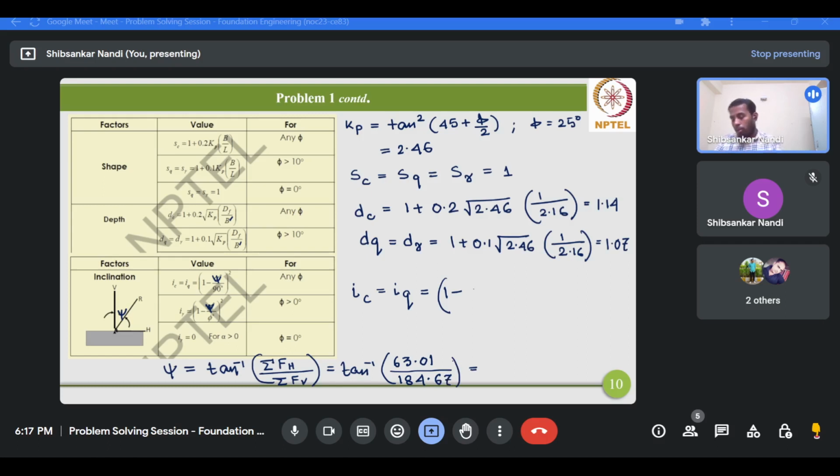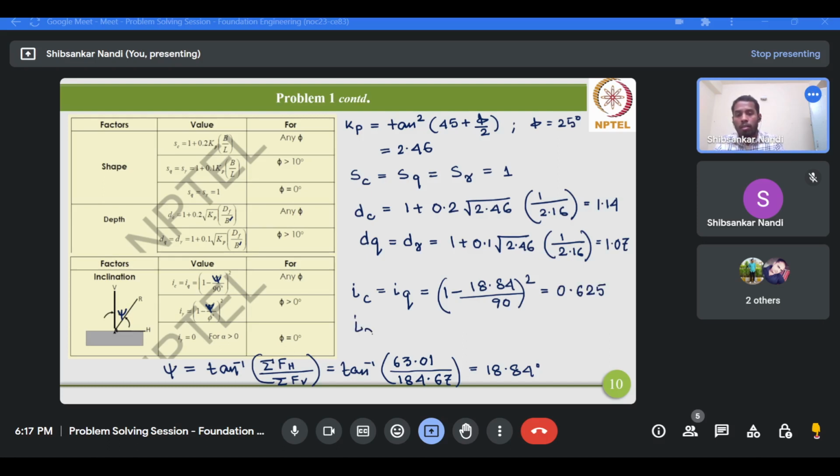So this will give you the value of 18.84 degree. Okay, so 18.84 divided by 90, squared. So 0.625, this is the inclination factor for IC and IQ.